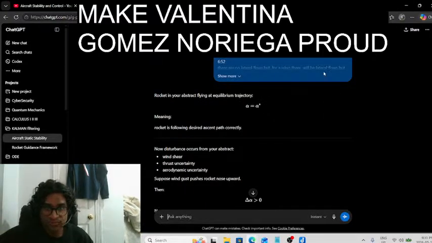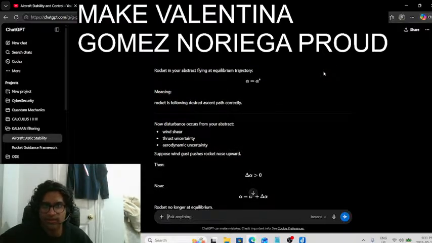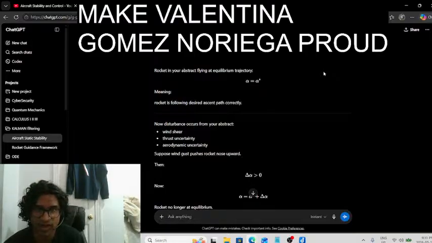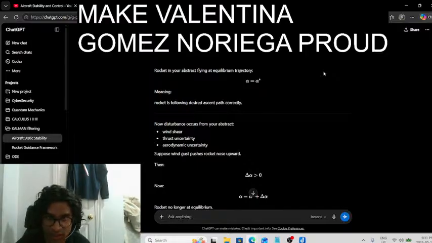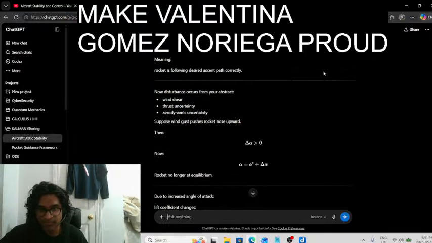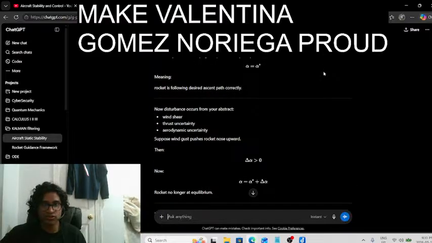Rocket, okay, so alpha is alpha conjugate, meaning the rocket is following the desired ascent path correctly. Now, disturbance occurs from your abstract: wind shear, thrust uncertainty, aerodynamic uncertainty. Suppose the wind gust pushes the nose of the rocket upwards. What is alpha conjugate though?